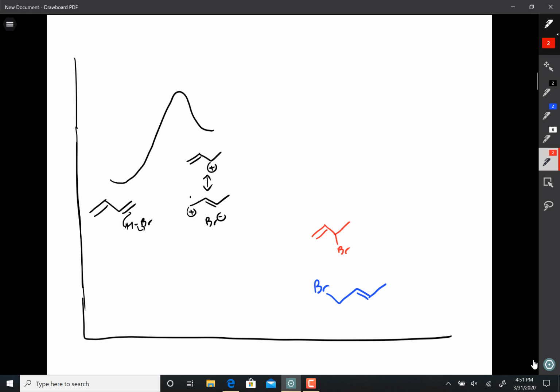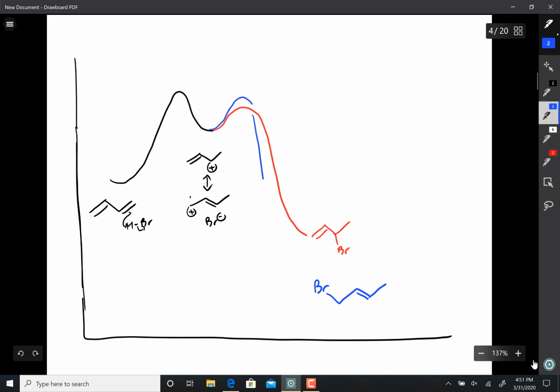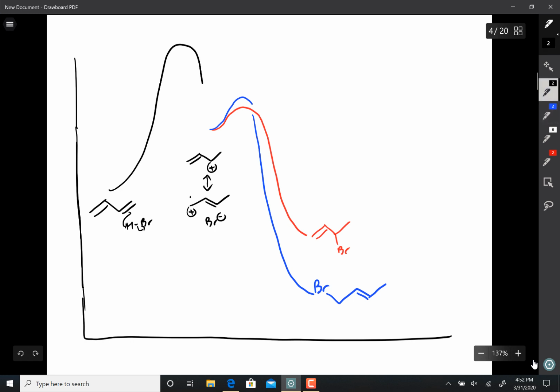So because it's easier for the bromide to add to the major resonance structure, because it's a higher delta positive at that position, we make the activation barrier for that one lower. And I really should make this first activation barrier the highest one, because forming that carbocation is the slow step. The other steps are the fast steps. Okay.